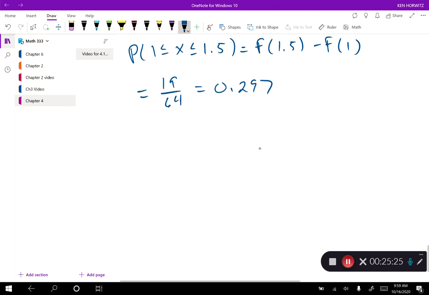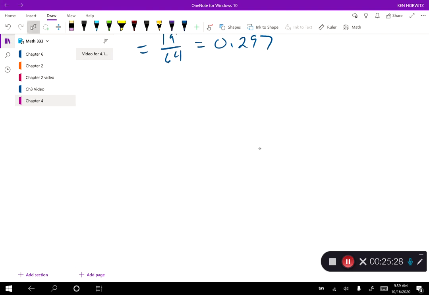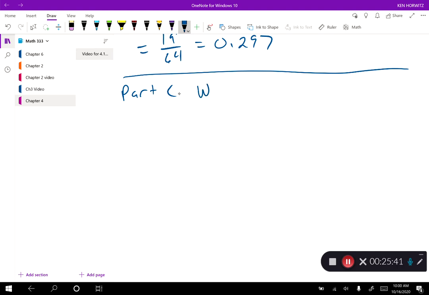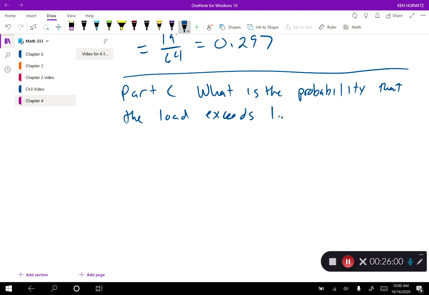All right, part C of our problem now is going to say what is the probability that the load exceeds 1? What is the probability the load exceeds 1?